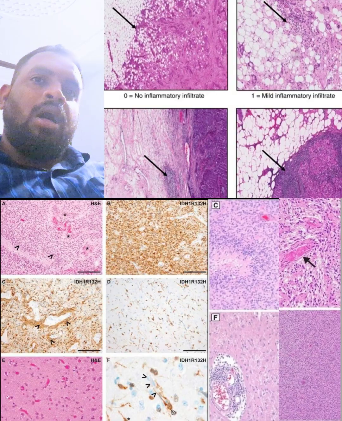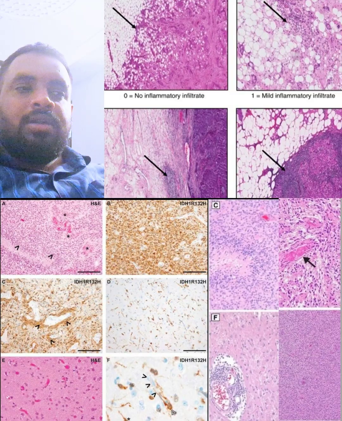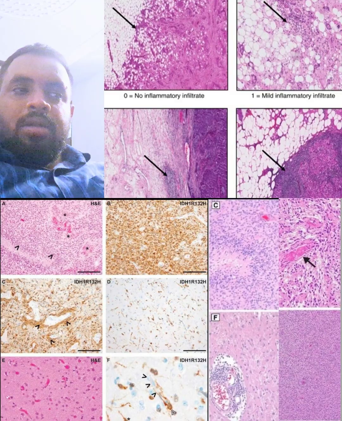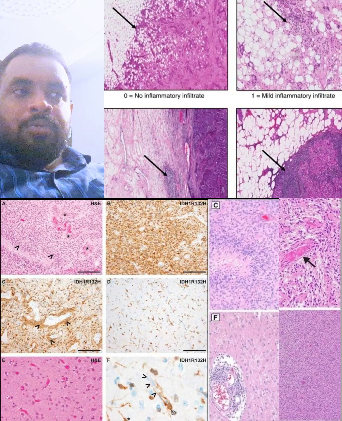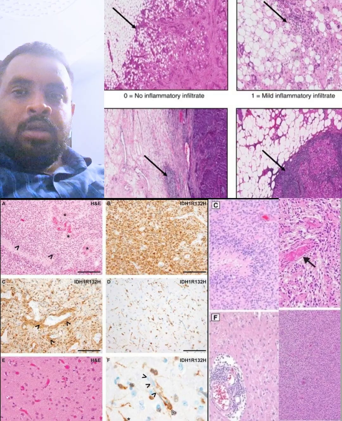So what are the other aspects of making a diagnosis of those infiltrative lesions in terms of the specificity of different diseases? For tuberculosis, you know that on the skin they can form papulonecrotic lesions.